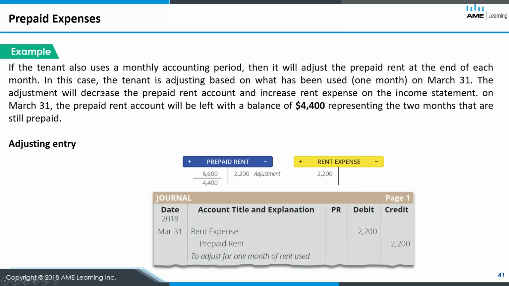But then as the months go by, at the end of March 31st, we need to do some analysis. We realize, okay, our prepaid rent needs to be reduced by 1/3. And so that's what we're doing here, crediting the asset and then debiting expense to essentially move this prepaid asset from being an asset to now being used up and being shown as an expense.